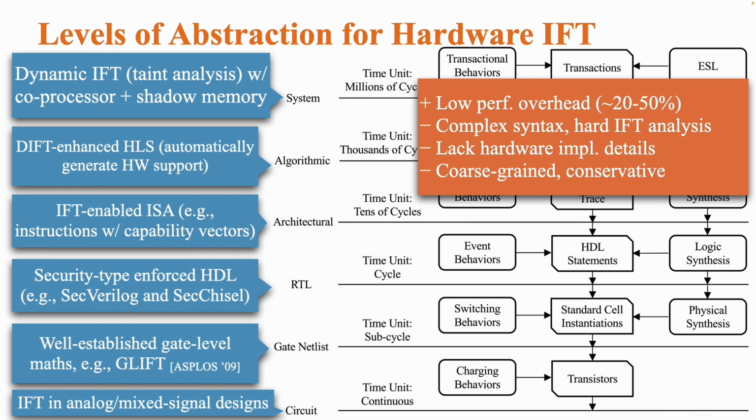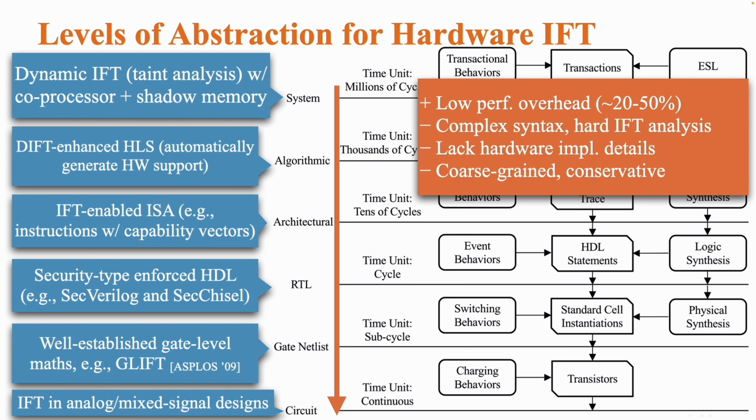but we have complex syntax to reason about implicit and explicit flows. But we are lacking the amount of detail we need in terms of hardware, so the designers need to make conservative assumptions and have a coarse-grained view of the system.